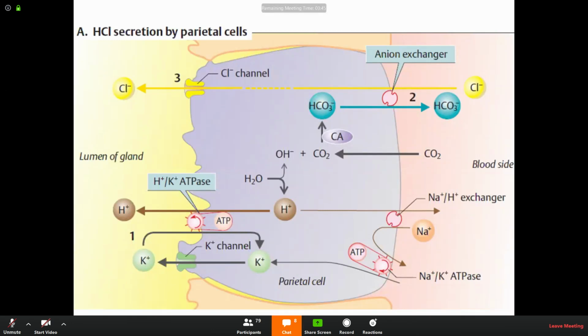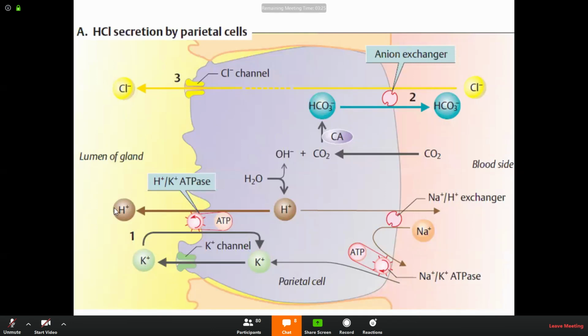In the parietal cell, water is dissociated into hydrogen and hydroxide ion. Hydrogen ion is actively pumped in exchange for potassium by the hydrogen potassium ATPase pump, and hydrogen ion goes to the lumen.